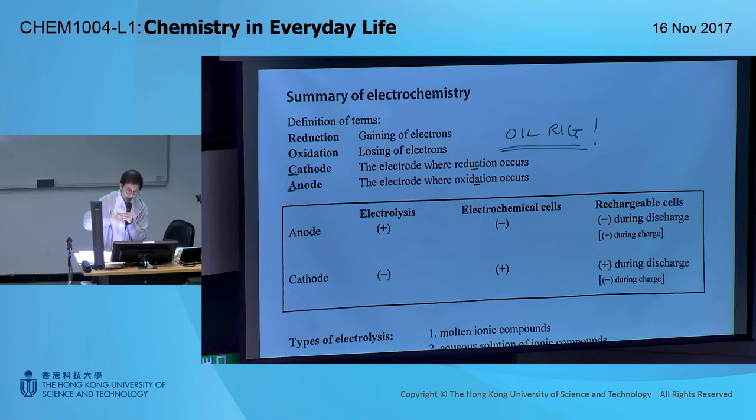We have talked about 3 types of electrochemical reactions: electrolysis, electrochemical cells, which are batteries, and also rechargeable batteries. You can see the anode and cathode change sign as you do these different types of things. So make sure you're not just associating anode and cathode with positive or negative, because they change.